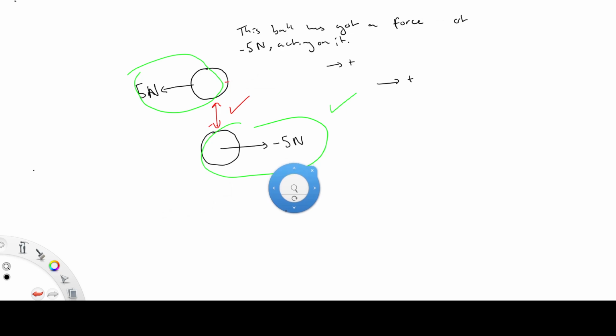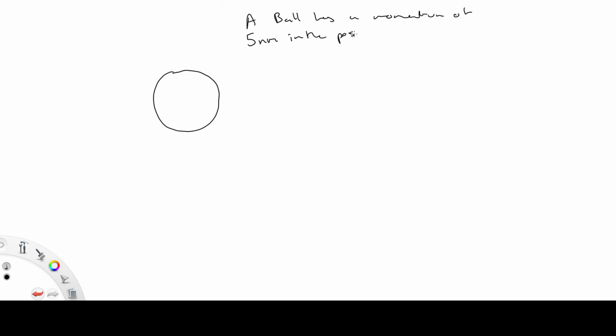Next, let's say for example, a ball has a momentum. A ball has a momentum of 5 Newton meters in the positive x direction.